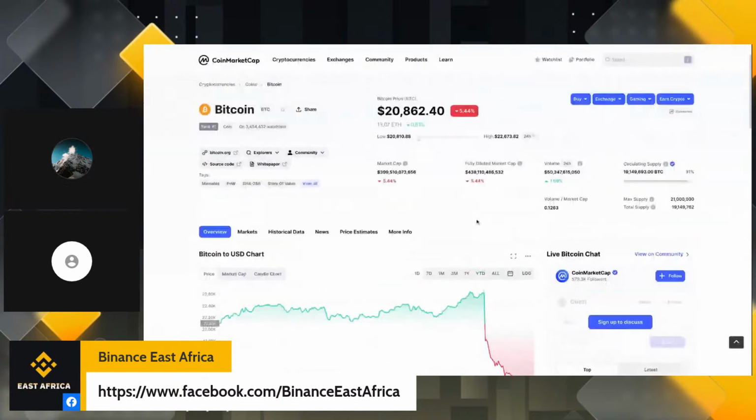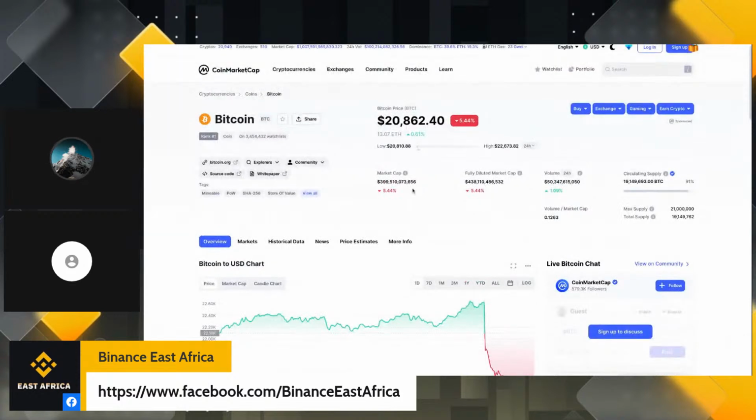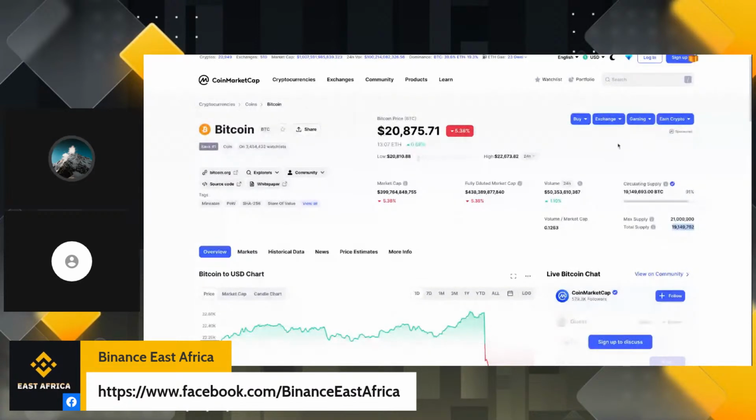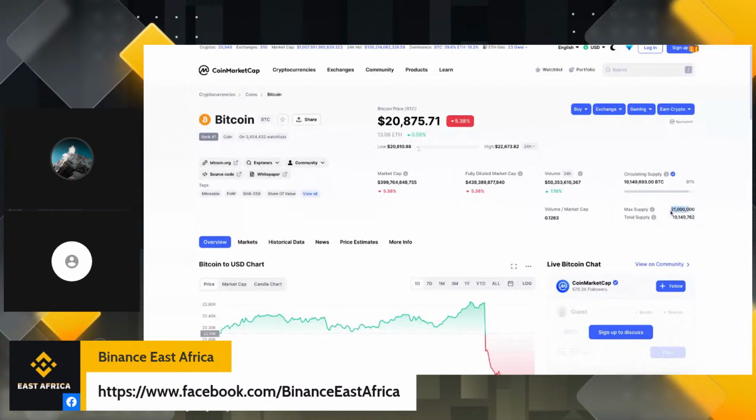Now, when you're here, something you need to understand is a coin's price is basically the market cap divided by the total number of circulating supply, the total number of supply right now. What you may notice is, with time, some of the coins, like Bitcoin, have a total maximum supply of 21 million coins.